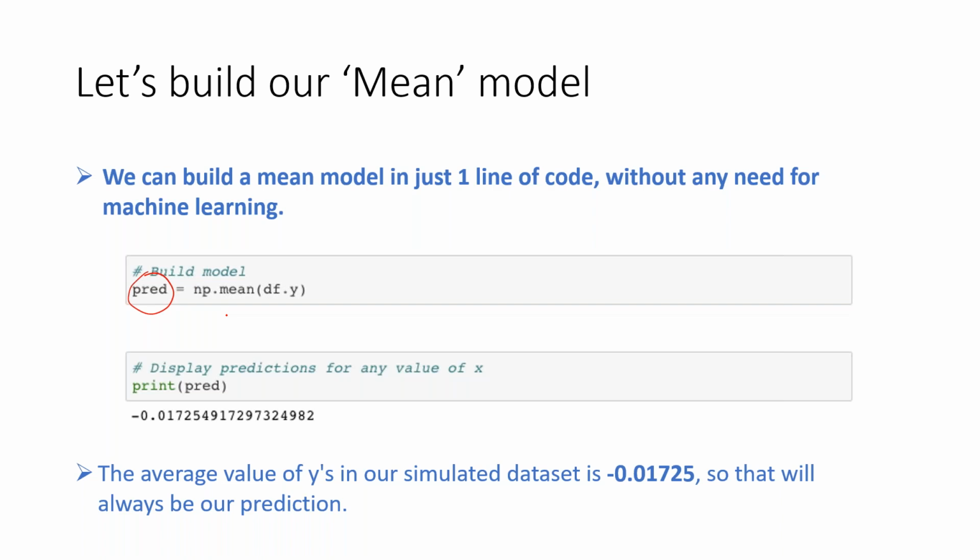So the mean value is now stored in my variable pred. If you print pred, the value is coming to minus 0.01725. That is the mean of the y column in our table, the average value of y in our simulated data set. So that will always be our prediction. As simple as that.